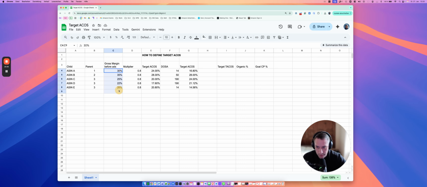I know my margins before, and now I want to define my contribution profit, meaning my margin after ads, right? And let's say this is 15%. Okay, and let's say it's the same for all of them, 15%.